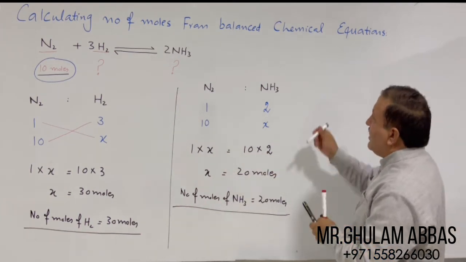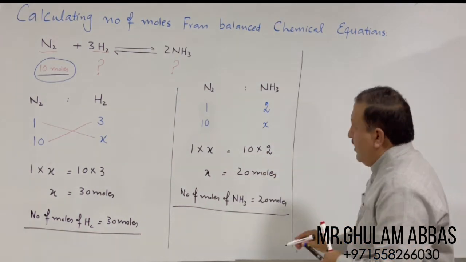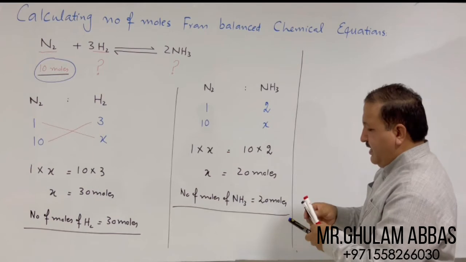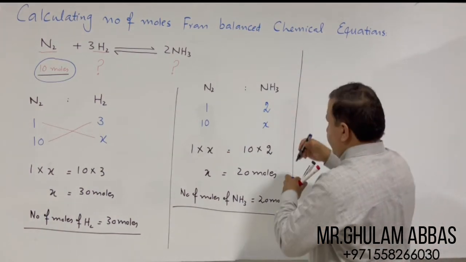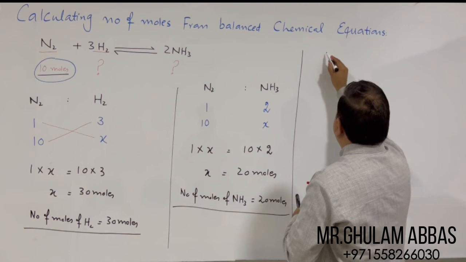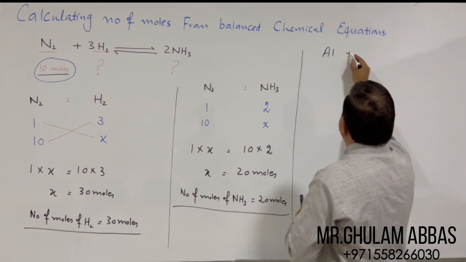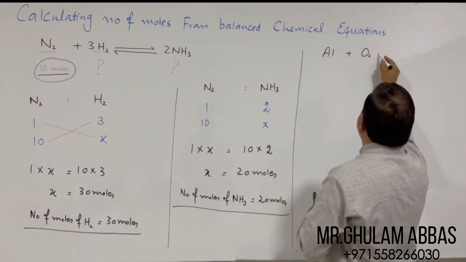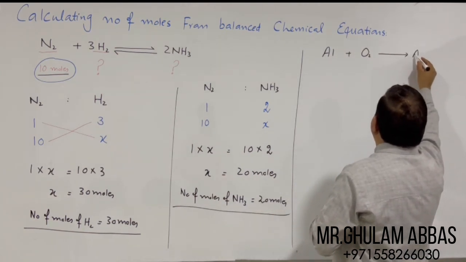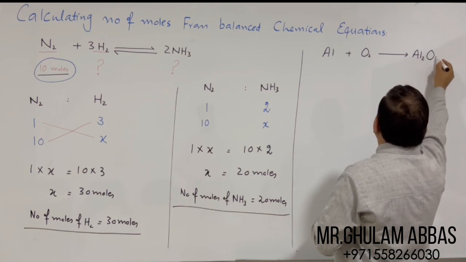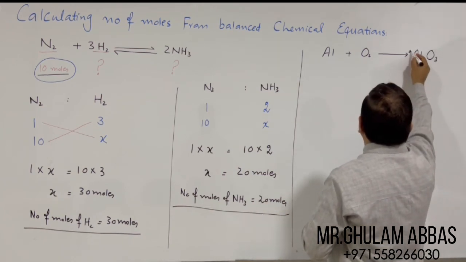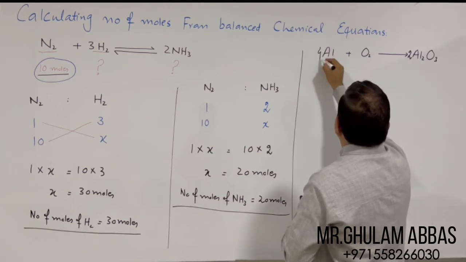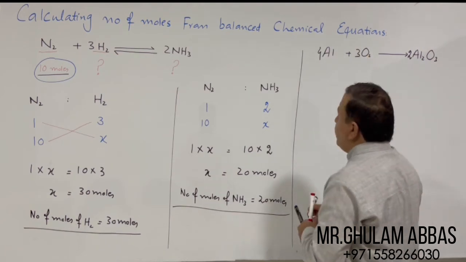I will take another example in order to explain this method. The other example is Al plus O2 gives us Al2O3. In order to balance this equation, this is the balanced chemical equation.